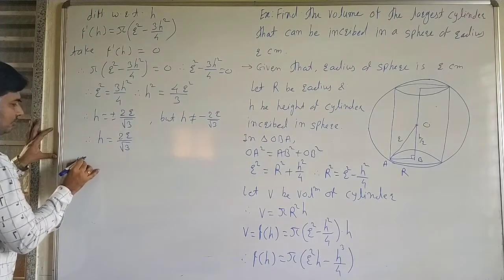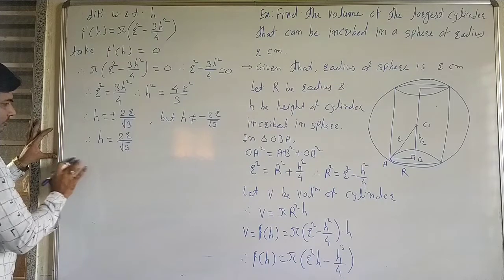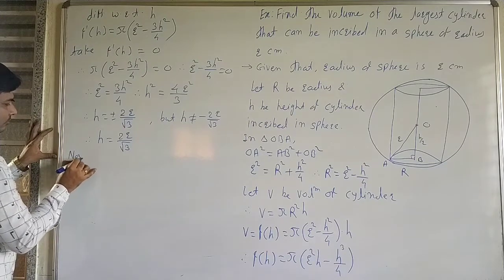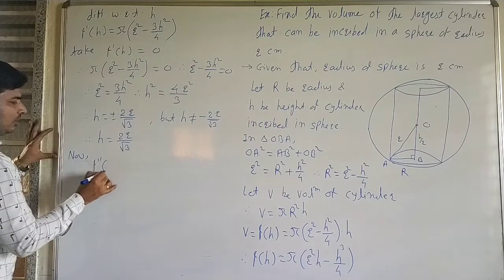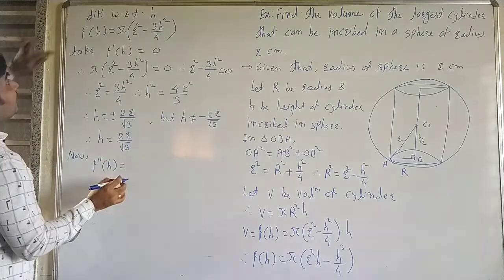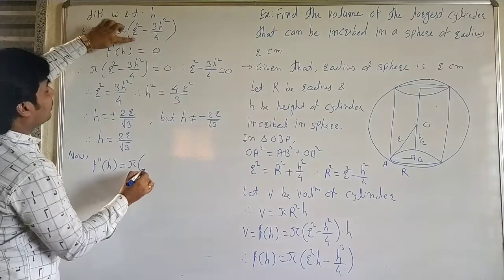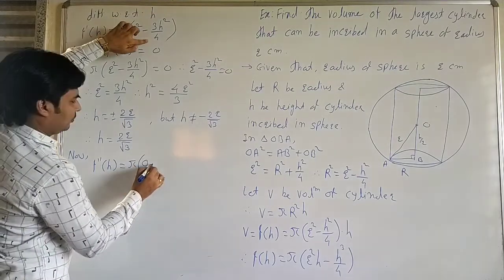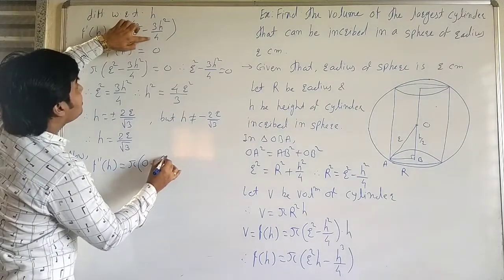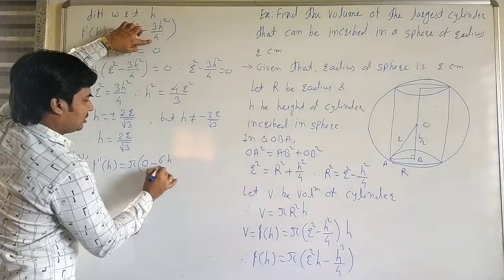Therefore f double dash of H is equal to pi constant as it is, and the derivative of r square is 0 minus 6H upon 4.